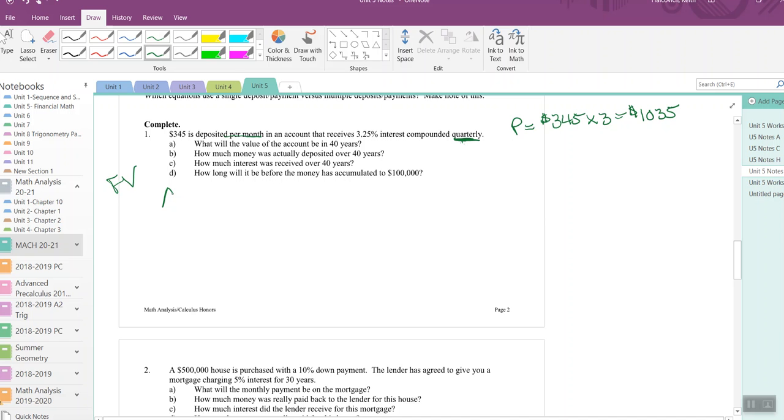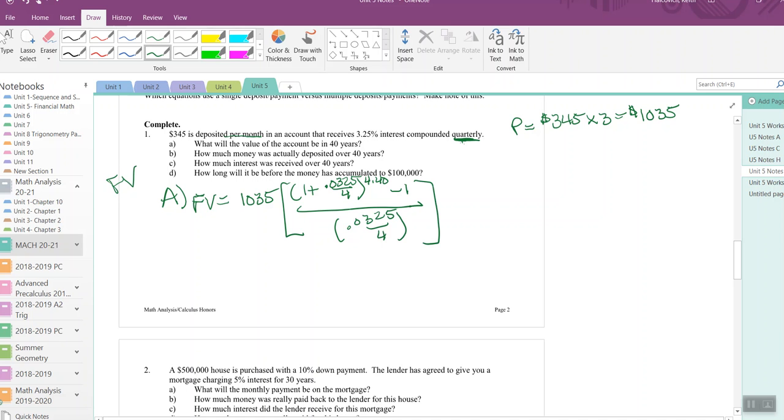To find the value in part A, find the future value. So you're going to take 1,035 times (1 + 0.0325/4)^(4 times 40) minus 1, all over 0.0325 divided by 4.